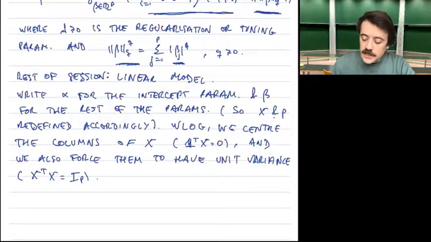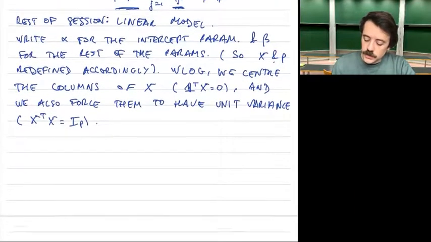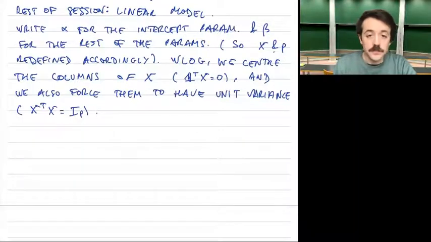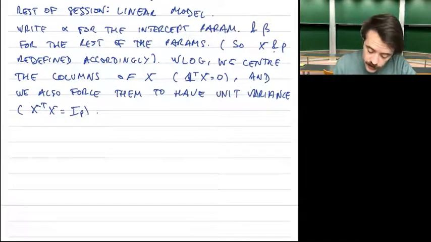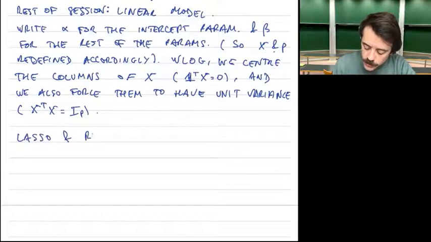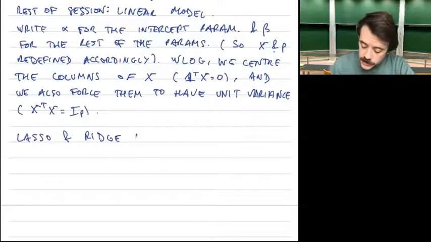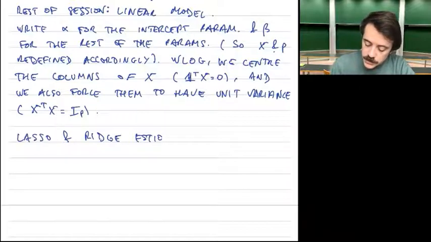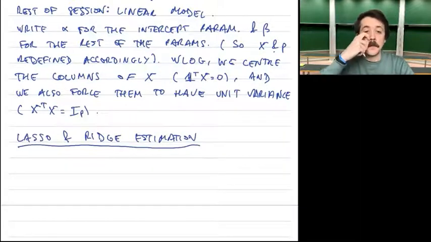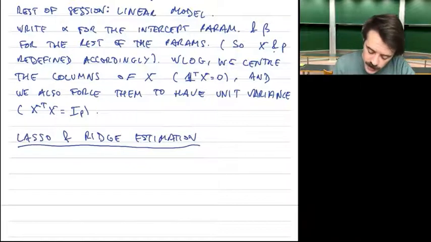Okay, so assuming this, let's now specialize these regularization procedures to the linear model. We're going to start with the so-called lasso, and also with the ridge estimators. Let's have a definition for these. Definition 5.